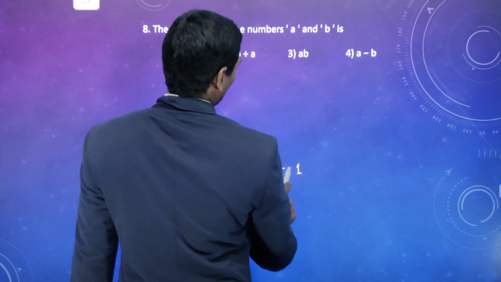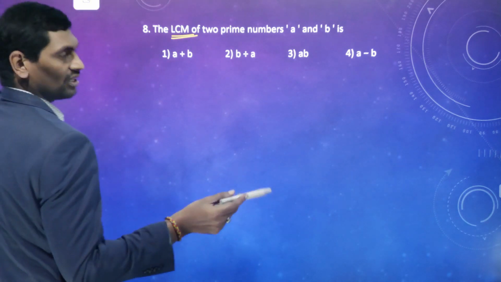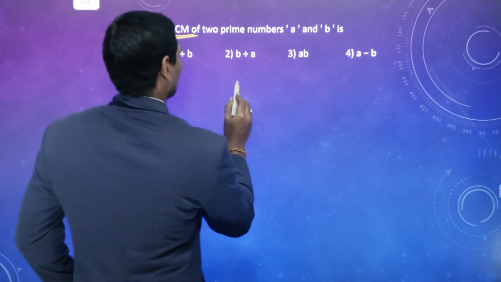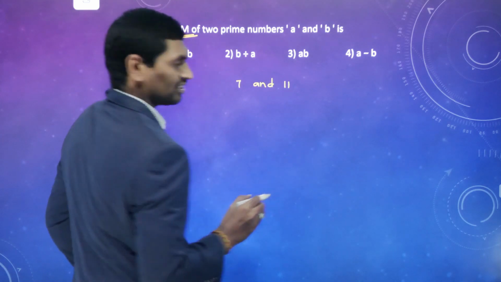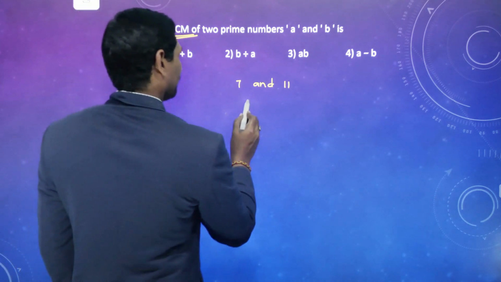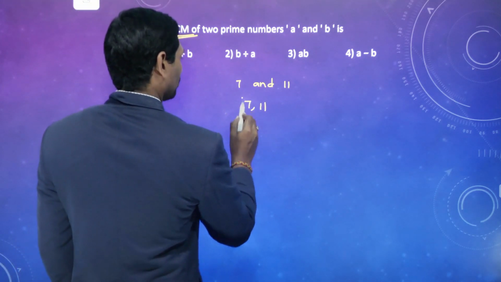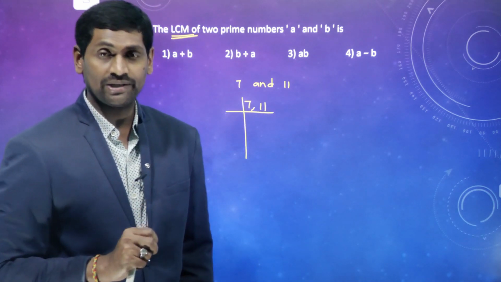Here LCM of any two prime numbers is always their product. Let us see, for example, 7 and 11. LCM of both of them. There is no such table which comes in both the 7 and 11 tables because both are prime numbers.